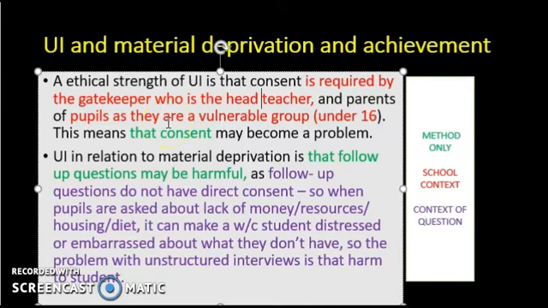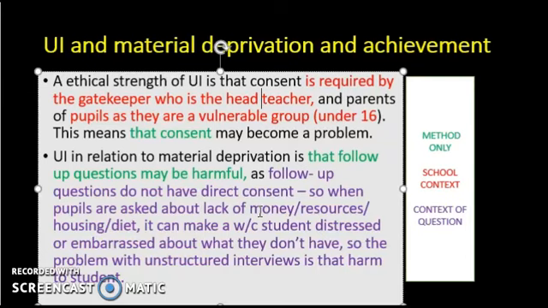What we mean by this is that if you are consenting to take part in an interview, you're not really consenting to the questions that are being asked as a follow-up, which then might put the student under pressure. So when pupils are asked about a lack of money, resources, housing or diet, this could make the working class student distressed or embarrassed about what they don't have. So this problem is that it might harm the student in the long term.